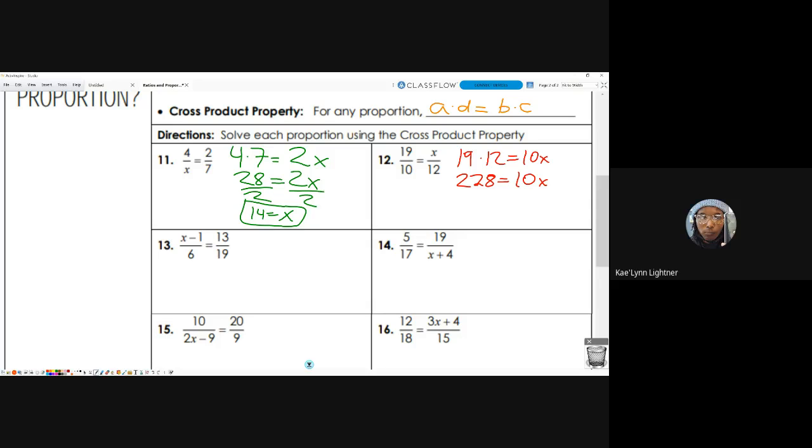And then you divide both sides by 10. Wait, are we supposed to get decimals? You can. Yeah, I got 22.8 for x.